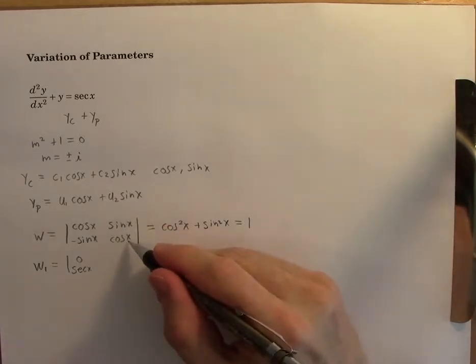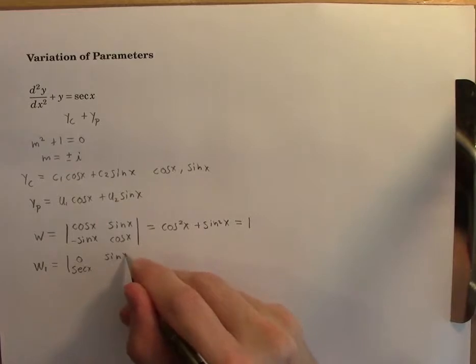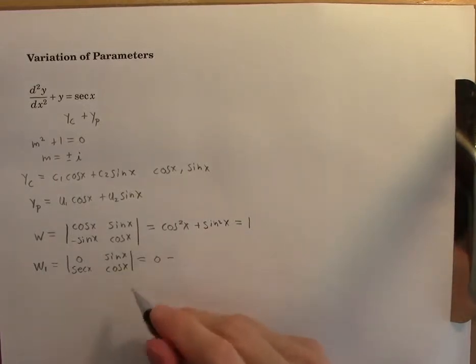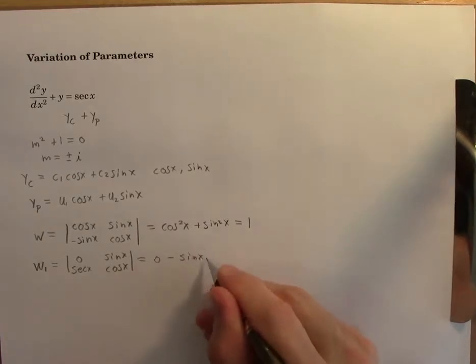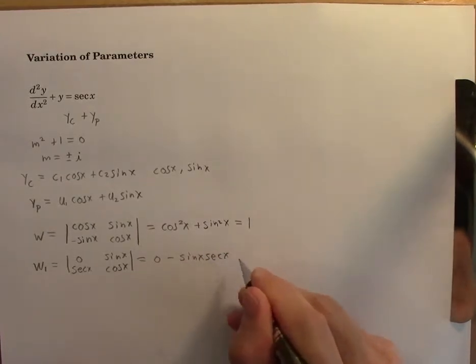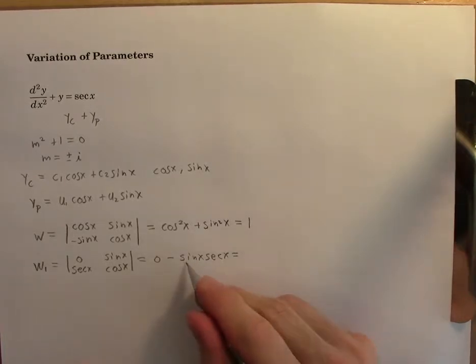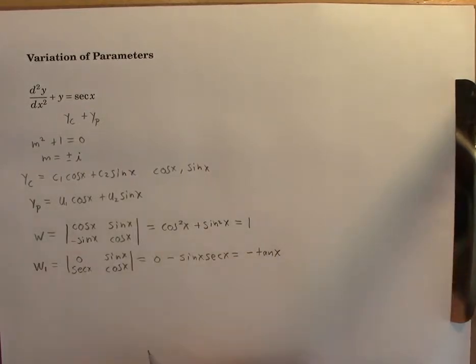But then the second column just comes directly from the Wronskian, so sine of x and cosine of x. Let's compute that determinant. We multiply across this way and get 0. Multiply across this way, we get sine of x times secant of x. And just simplify that. Sine of x times secant of x is equal to tangent of x. So we have negative tangent of x for W1.